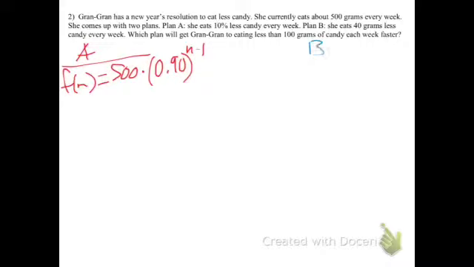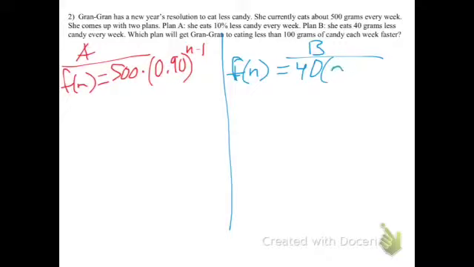For Plan B, you're going to, again, start with 500. Here, f of n. Sorry, man, f's are looking bad. F of n equals 40 times n minus 1, and then plus 500.